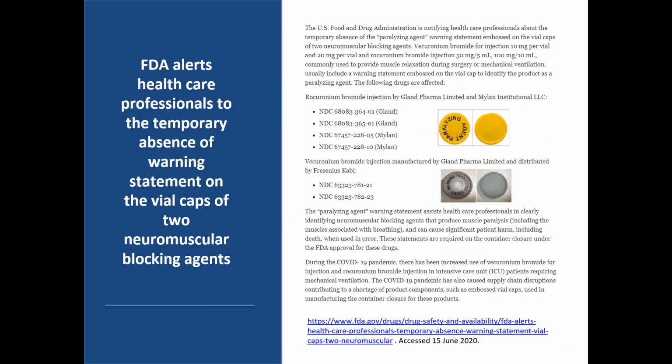So this was an alert from the FDA to healthcare professionals to let them know that there is a temporary absence of the warning statement on the vial caps of two neuromuscular blocking agents, rocuronium and vecuronium, and they're supposed to have the paralyzing agent text on that vial to alert the user.